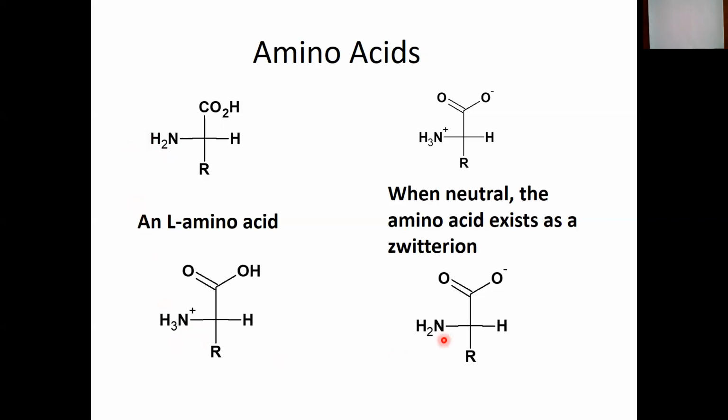So what's the difference in all these structures of amino acids? They're all in different protonation states. Because there are 2 functional groups to be concerned about when you're talking about amino acids, we have to know the pKa of 2 functional groups. The same 2 functional groups we just talked about on paper before we came back to the notes.